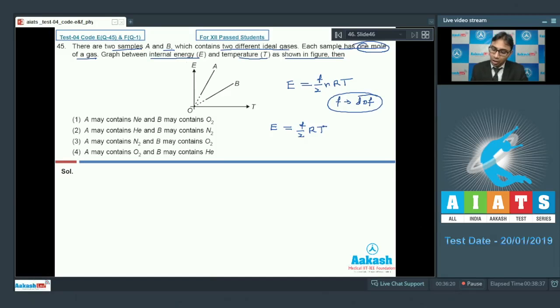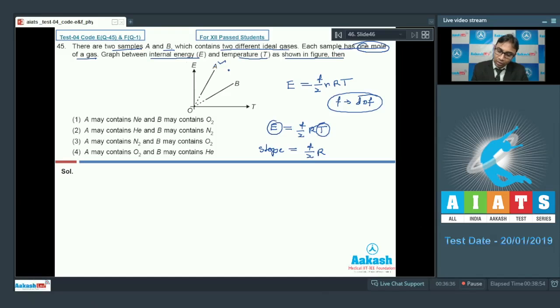So if I draw the graph of energy versus temperature, it will be a straight line passing through origin, and the slope of that line will be equal to F by 2R, right?